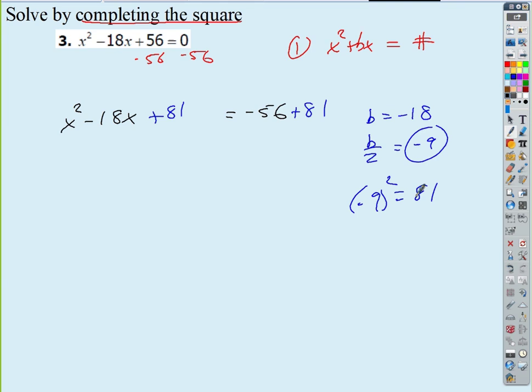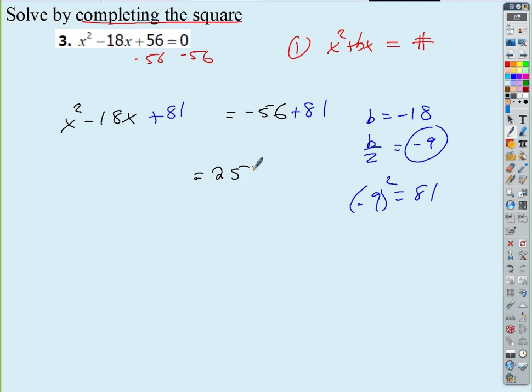We're getting this. Okay, so now on the right side, what do we end up with, Gabe? Negative 56 plus 81. 25. There you go.